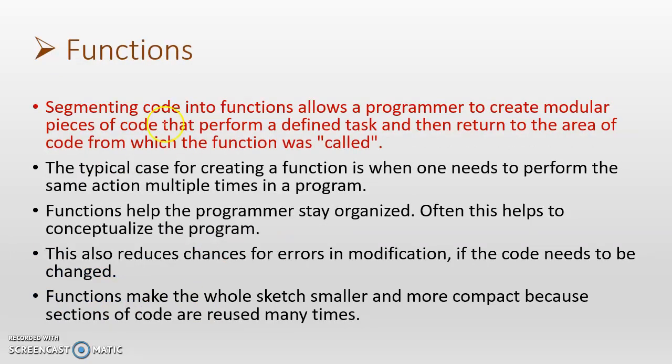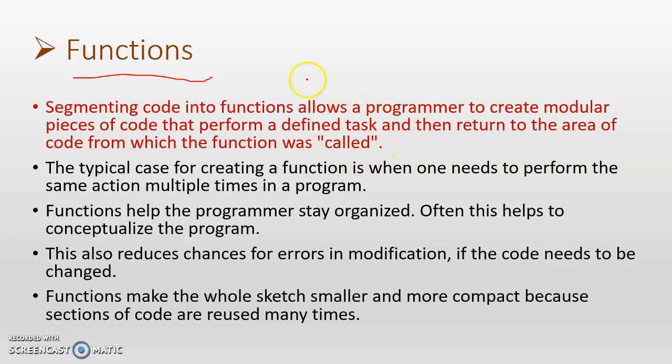The next thing is the function. So basically, what is a function? Segmenting code into functions allows a programmer to create a modular piece of code that performs a defined task and then returns to the area of code from which the function was called.